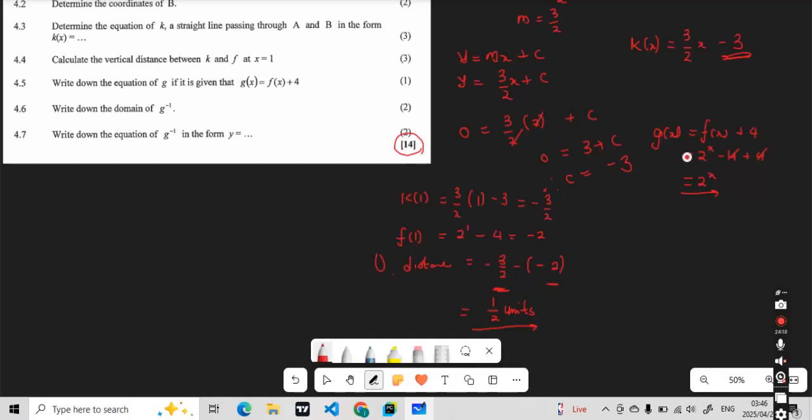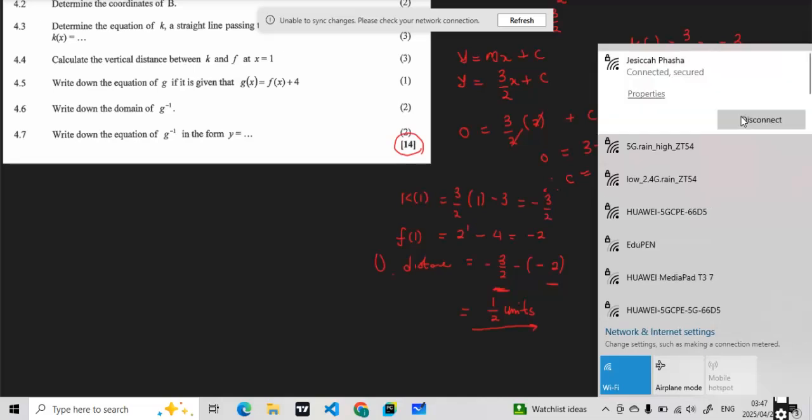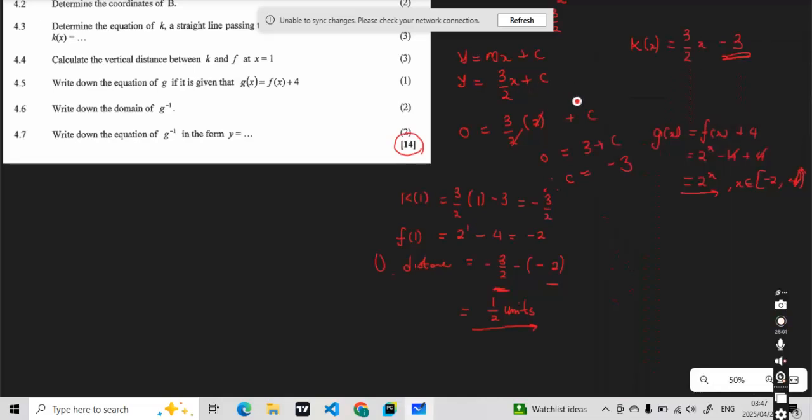Therefore, they say you must write down the domain of the inverse of g. So remember, from this one, they said that graph was only valid at x is an element of minus 2 to 2. Sorry guys, I lost connection, but we are now back.